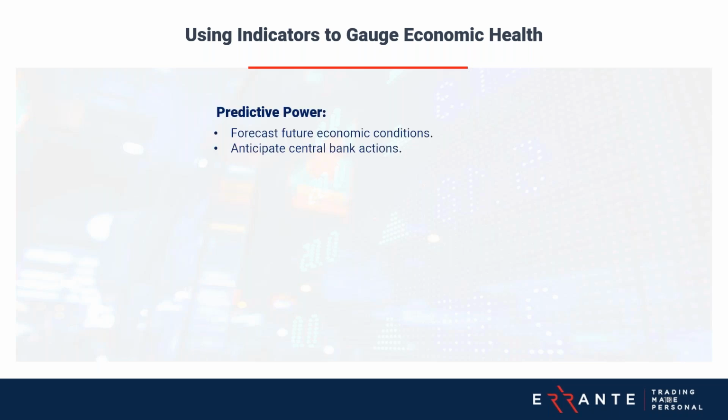Okay, let's take a look at the predictive power of this data. First, economic indicators help us make informed predictions about where the economy is headed. For example, if inflation is rising, we might predict that the central bank will raise interest rates.